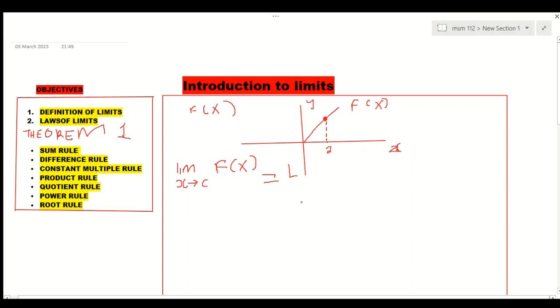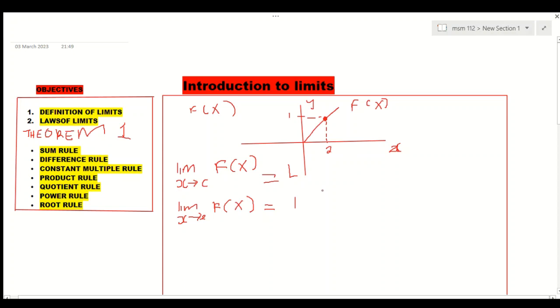So this is the limit value, which will enable you to tell what happens to this function at that particular point. So in this case, we can say limit as x approaches 2 of this function should be equal to a certain value. Let's say the y value here is 1, meaning limit as x approaches 2 is equal to 1.